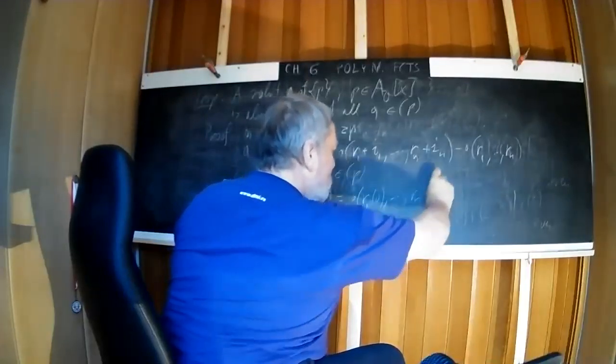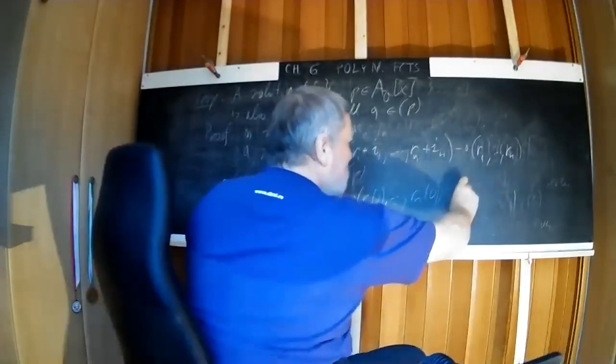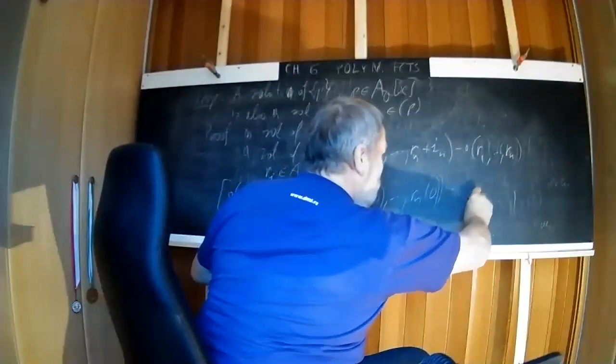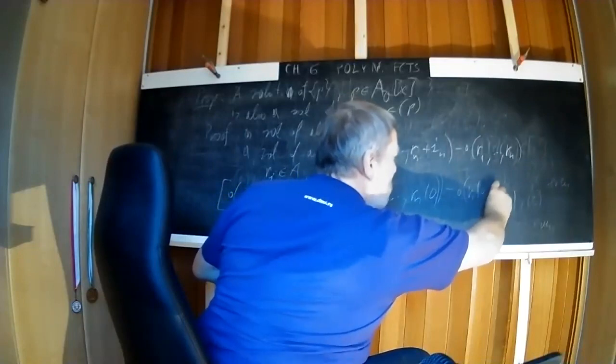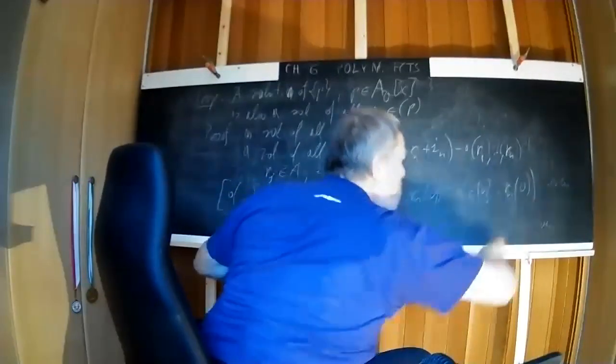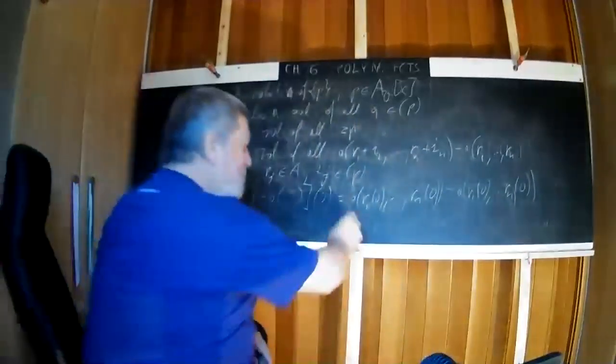Rn of 0 minus, again, the composition of R1 of 0 up to Rn of 0, which is 0.